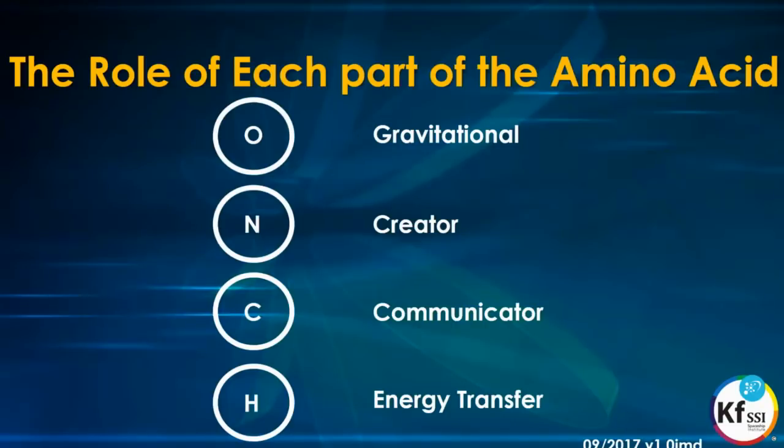When we look at the role that each one of them plays, we look at nitrogen as the creator. Oxygen plays the role of gravitational within their structure, carbon is a communicator and a connection between all other amino acids and fields, and hydrogen is the energy.